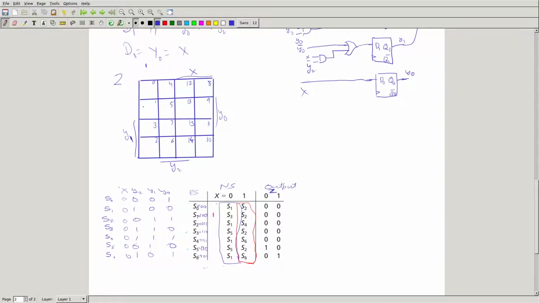So for 001 we have 0, for state 1 which is 4 we have 0.